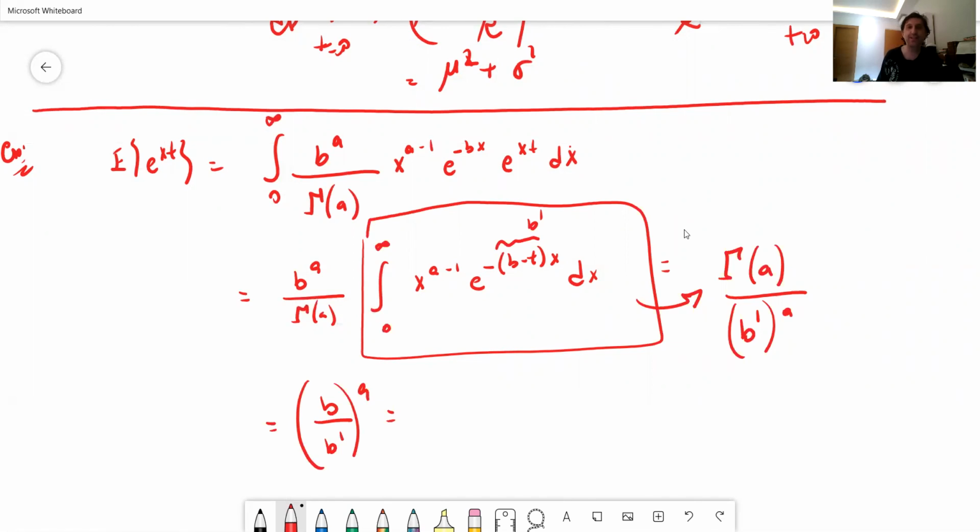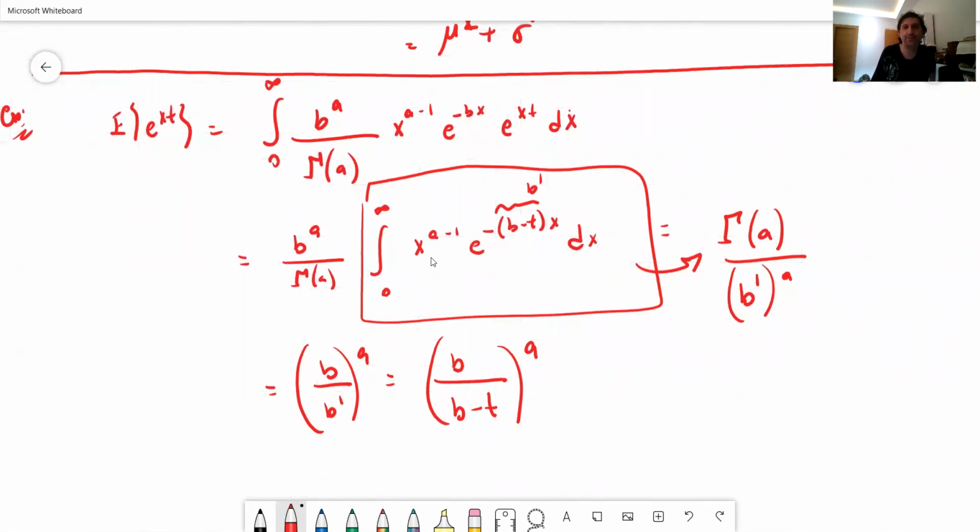And now let's write the values here. b prime is b minus t, so we get b over b minus t to the power a. And hopefully, although the gamma distribution seemed probably the most complicated of the distributions, actually it is very easy to derive the moment generating function of the gamma distributed random variable.